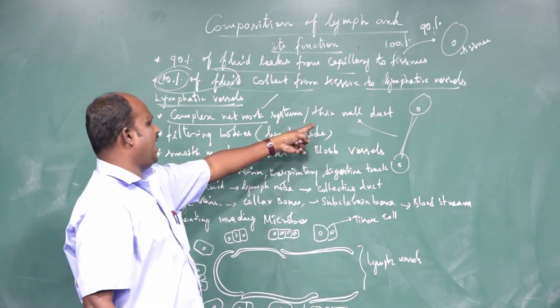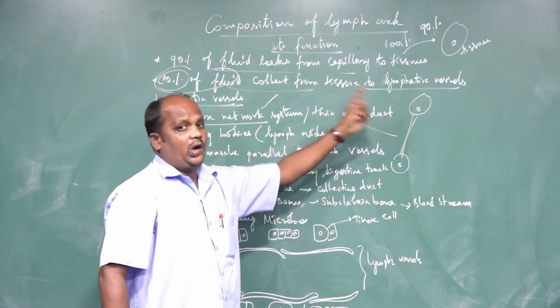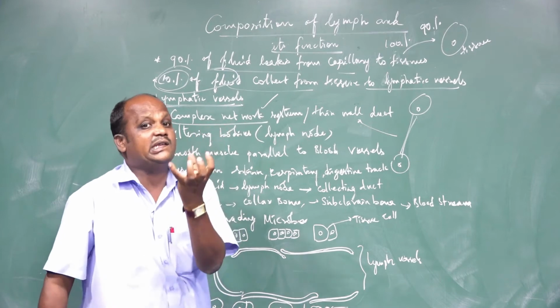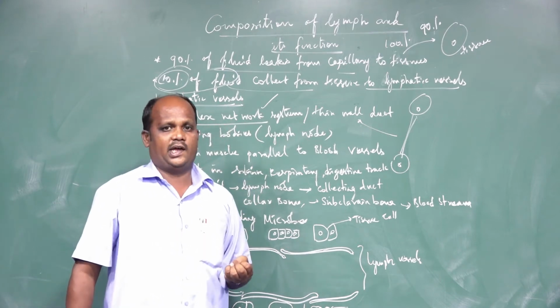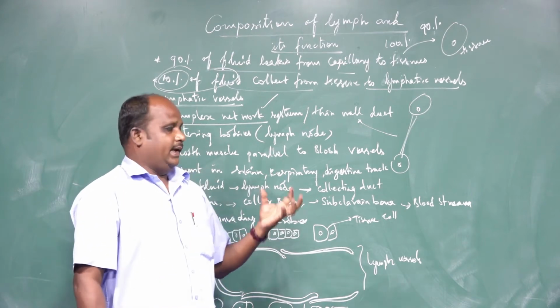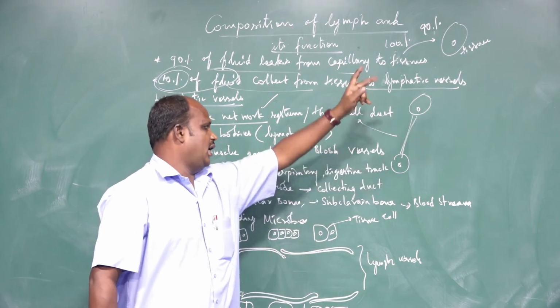So the lymphoid duct collects the fluids from one organ to another organ. Materials are exchanged; that is the function. The lymphoid duct is a very thin structure. Lymphoid organs and tissues are also very thin structures. They secrete the fluids, which are transferred from one organ to another organ.